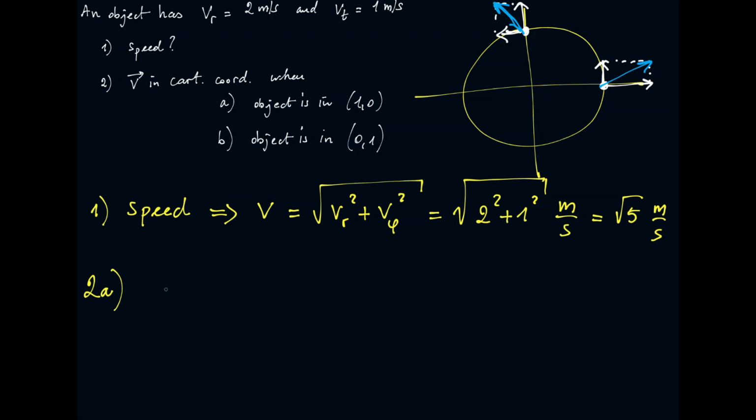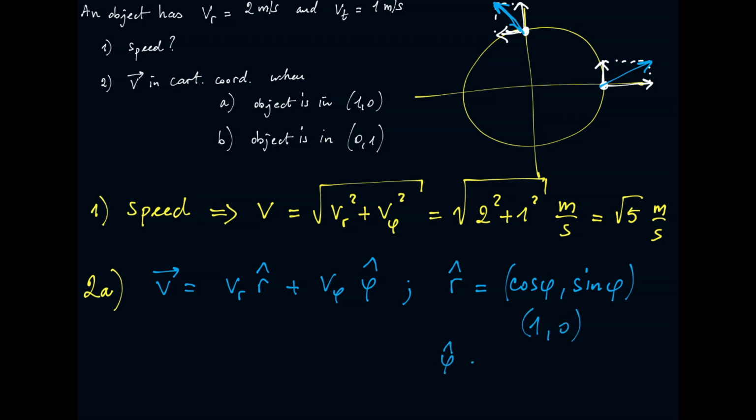For example, in 2a, the object is in 1, 0, so the velocity is V r in the r direction and V phi in the phi direction. R hat, the unit vector in the radial direction, is cos phi and sine phi, so it's simply 1, 0, and phi hat is minus sine phi, cos phi, which is 0 and 1.